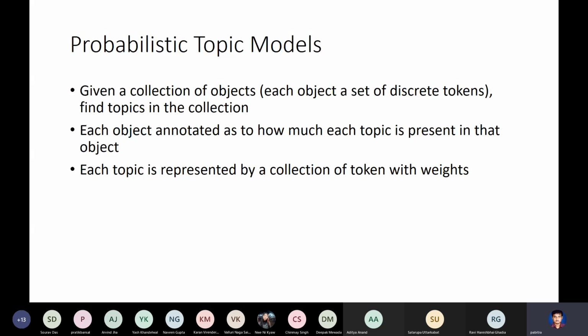There is a weight of the tokens, how much that token is associated with the topic. So this is task 2. What you have to do, you are given a big collection, just a collection, no annotation, completely unsupervised. You have to do these 2 tasks. You have to annotate a document with the topics along with their weights, and you have to represent a topic using a collection of words along with their weights. Okay.